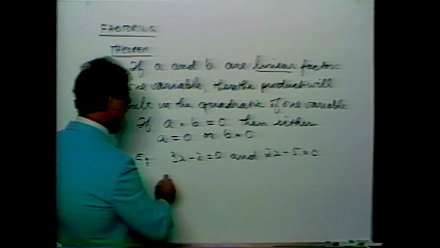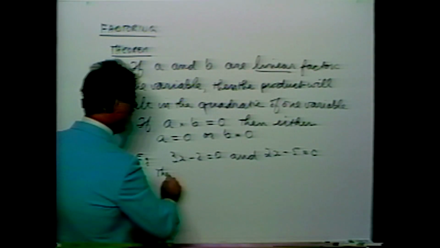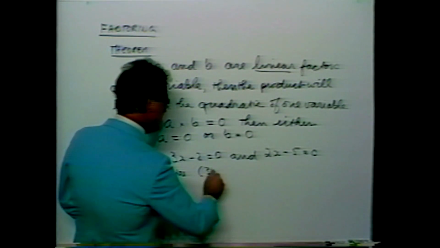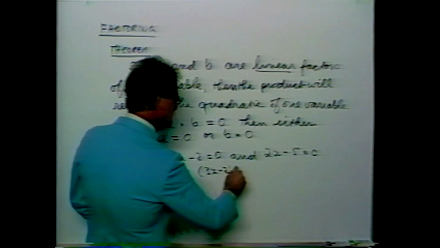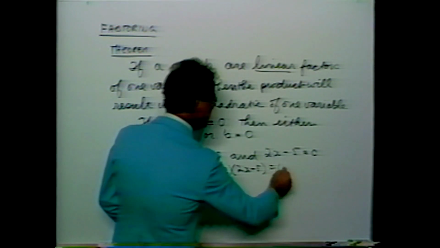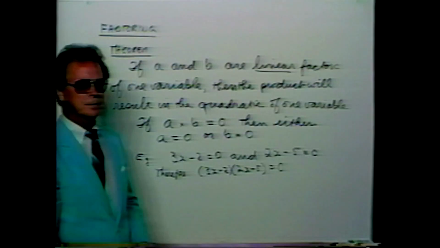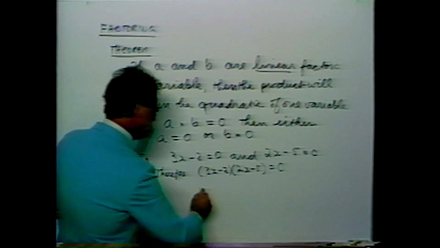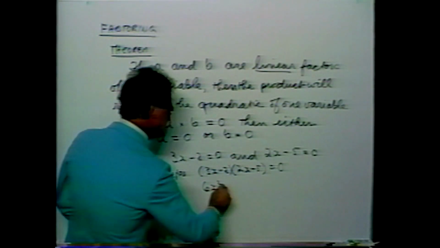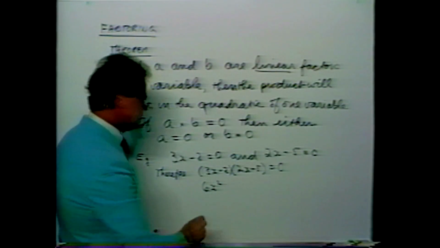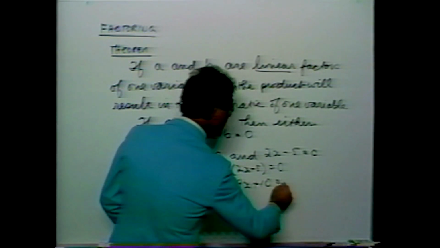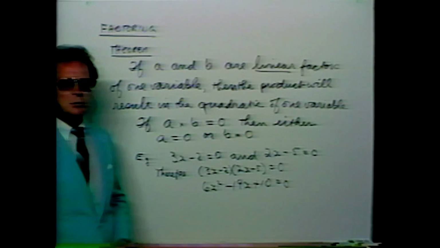It follows then that 3x minus 2 multiplied by 2x minus 5 equals 0. And when expanded, 6x squared minus 19x plus 10 equals 0 is the quadratic.